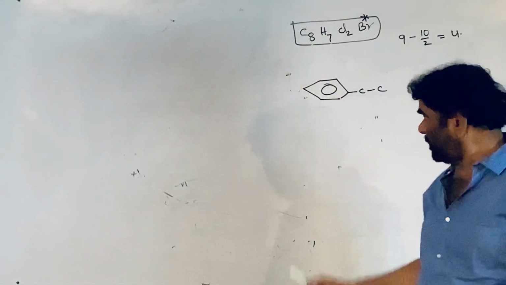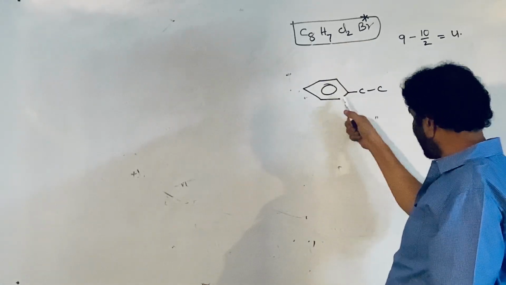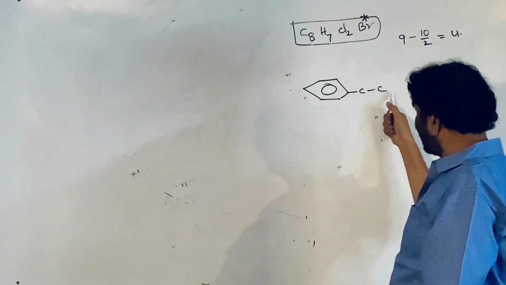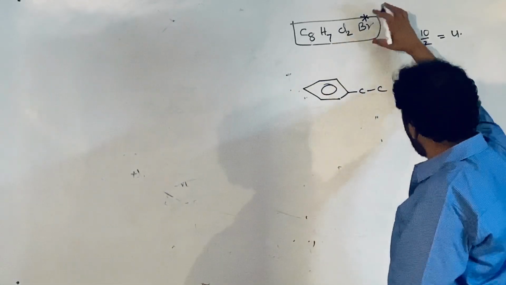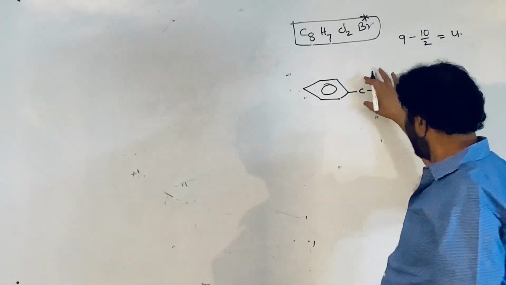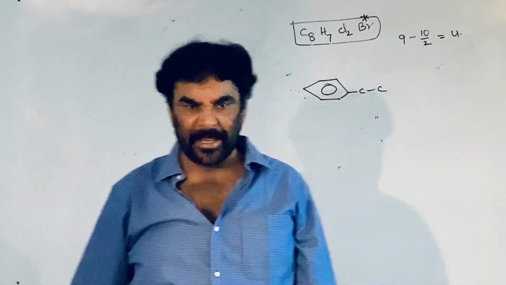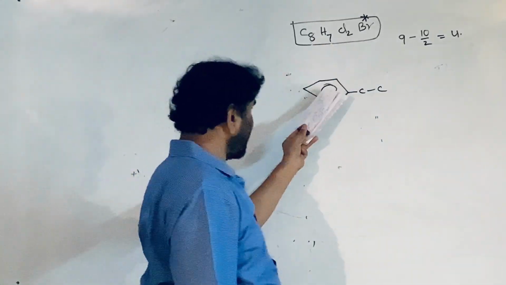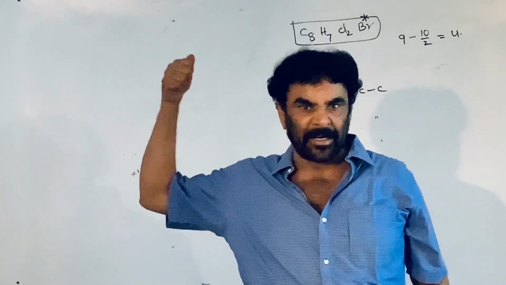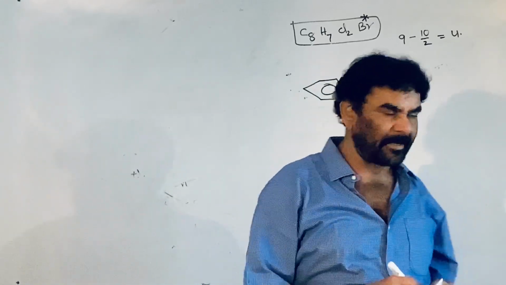Bromine. There are 3 halogens; they can be on the ring, they can be on the side chain, some can be on the ring and some on the side chain. If the halogen is present on the side chain, it is ionizable; benzyl halides easily take part in the reaction. Whereas if it is connected to the ring, as aryl halides, the halogen cannot be removed and cannot give the precipitate on heating with silver nitrate.